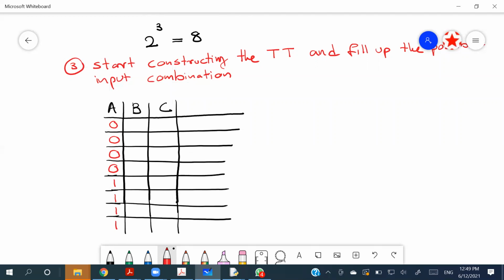Then when I'm going to fill the second column, I consider the identical part of the first column, and again the same practice: half of it filled with zeros, half of it filled with ones. For the rest of the half, the same thing happens. Half of it filled with zeros, half of it filled with ones. People, is it clear what I'm doing?